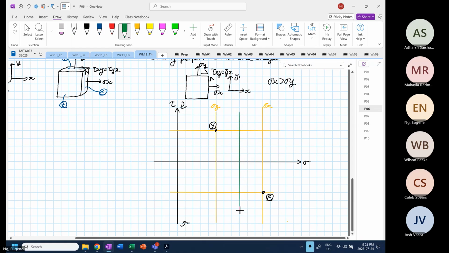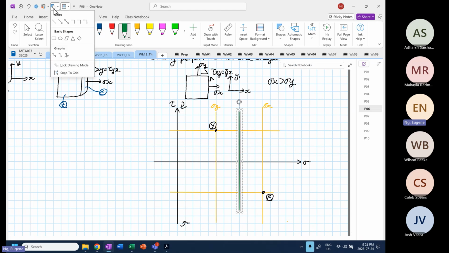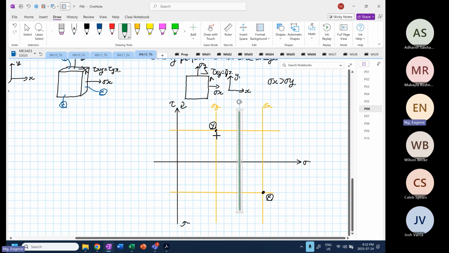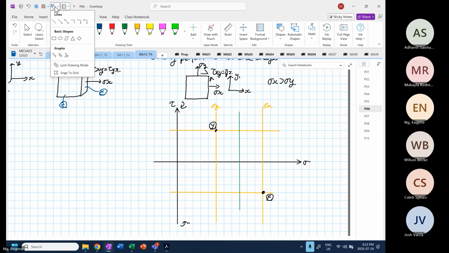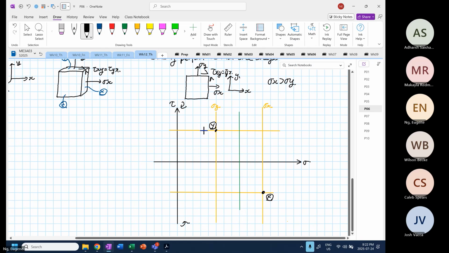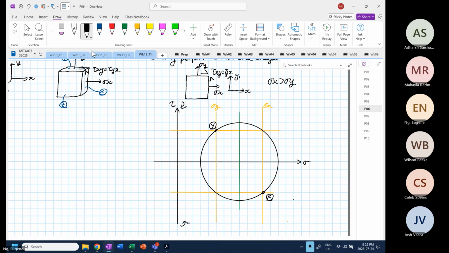And then you draw your Mohr circle. We go 3, 5, 1. Okay, so this is just performing the 2D Mohr circle.